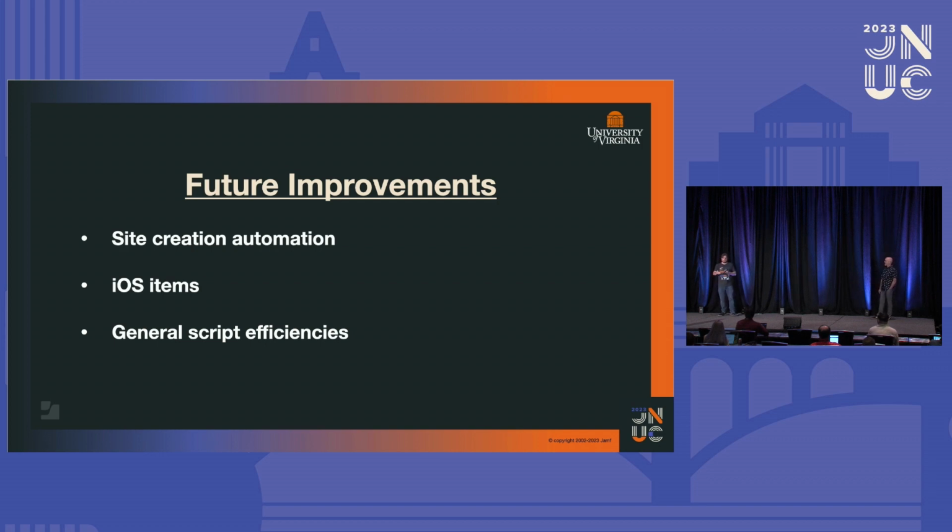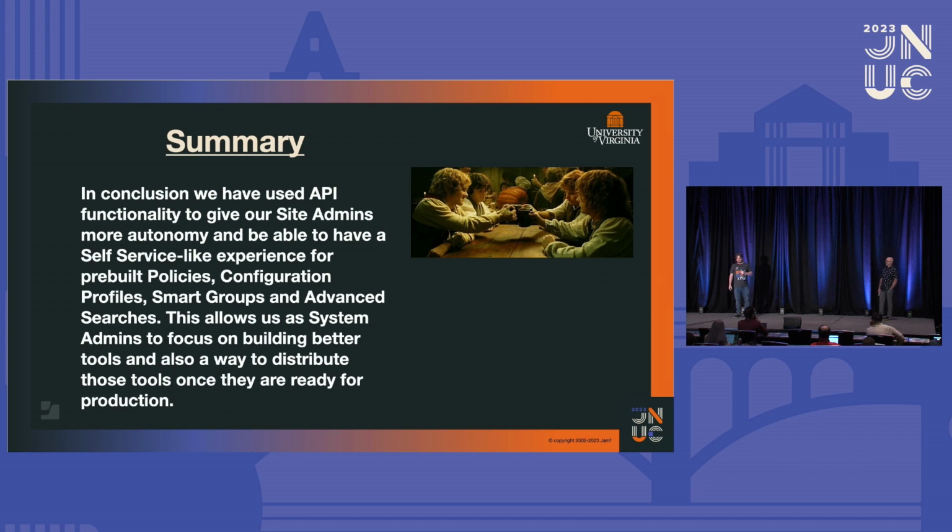But hopefully this gives you all some ideas on how to manage some sites in this fashion, and start first by building out a template site, a site where you have a bunch of known good stuff that everybody can use, and then you can start digging into the API and how to copy those things over like we have here. And really, that's pretty much the end of what we have going on here.